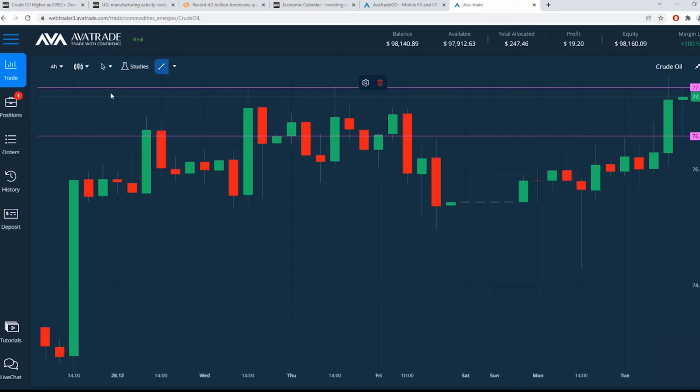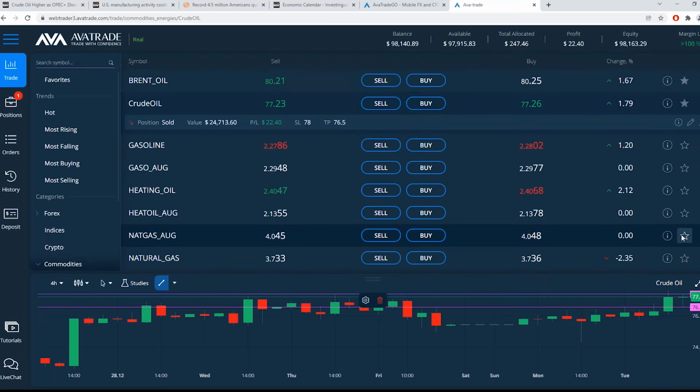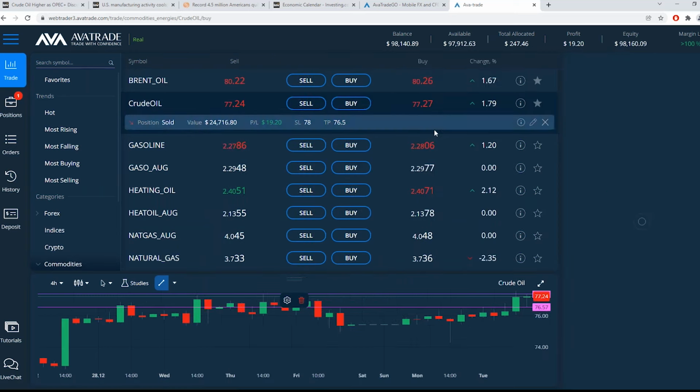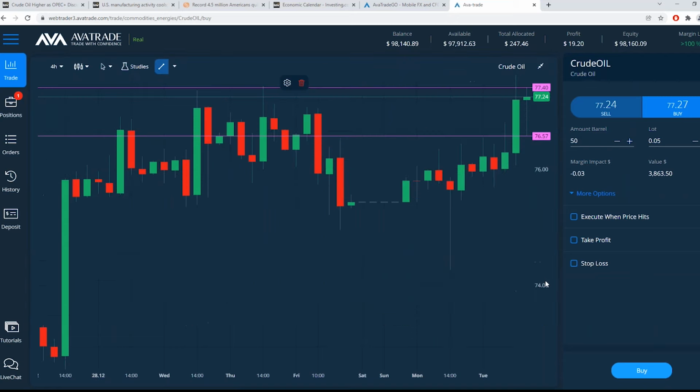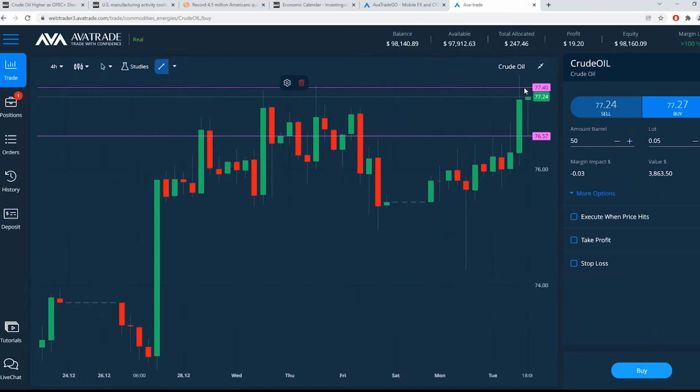So what we do then, if we want to do a pending order, let me minimize this for a second. And we'll go to crude oil, and let's say that we want to do a buy position, but only if it goes above the resistance, right?